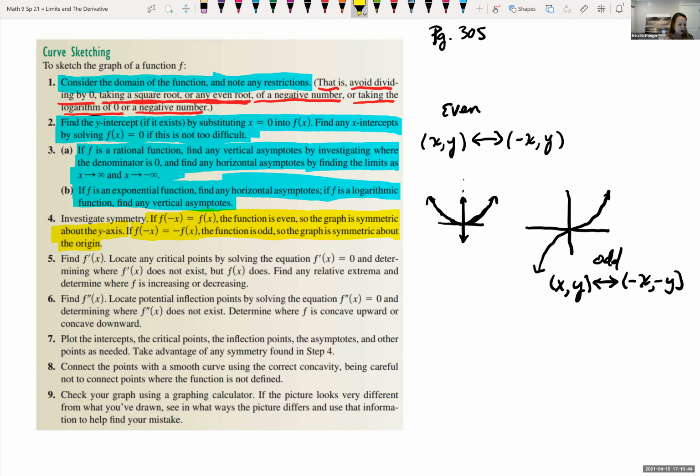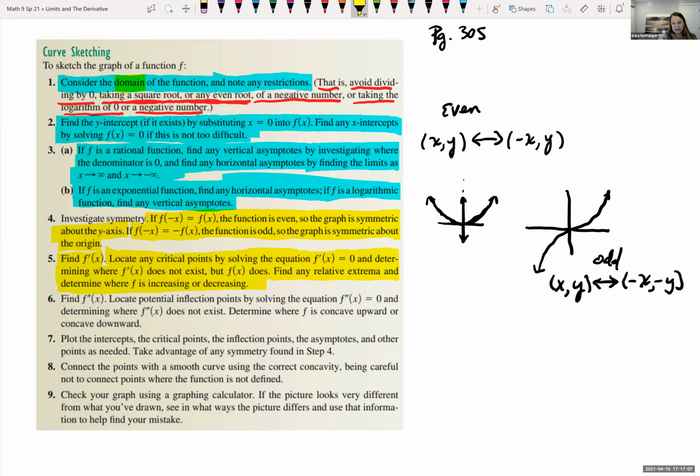So find your derivative. We're going to locate critical points by setting our derivative equal to 0 and determining where our function f prime of x does not exist, but does exist for the original. And that's where having our domain of the original is helpful. Find any relative extrema, determine where the function is increasing and decreasing.